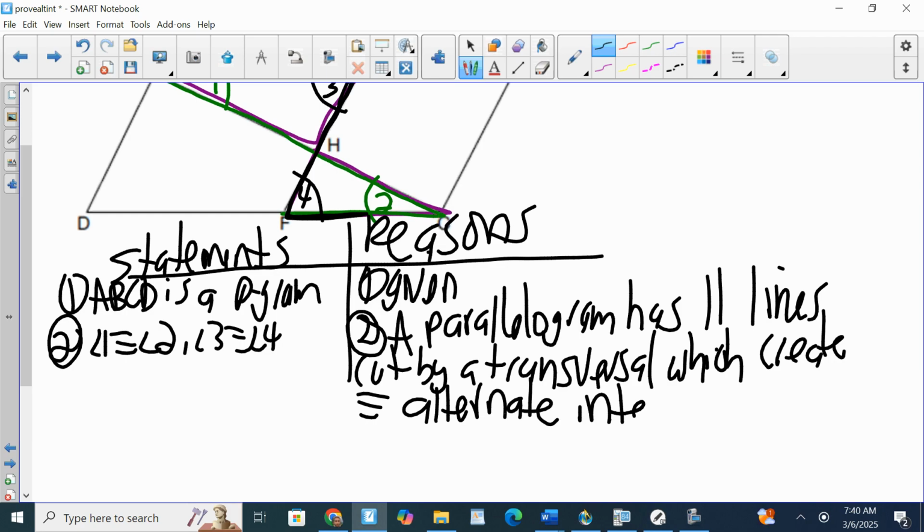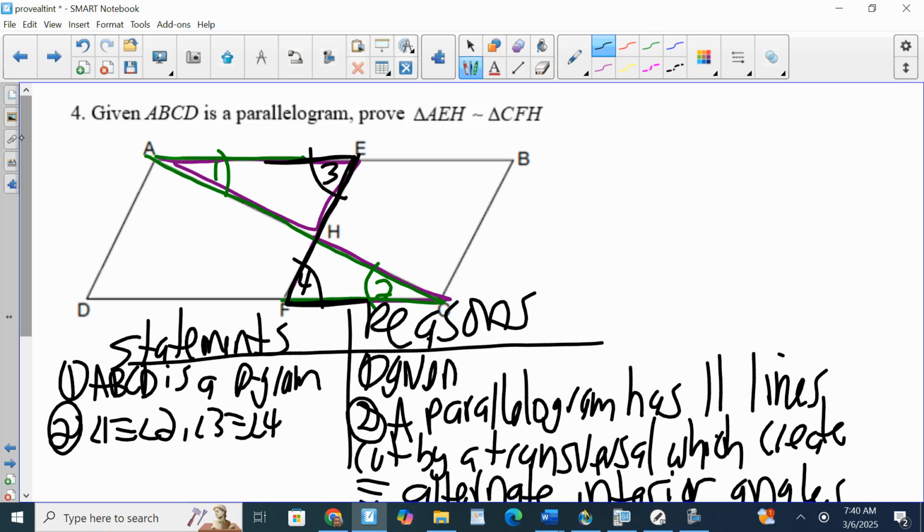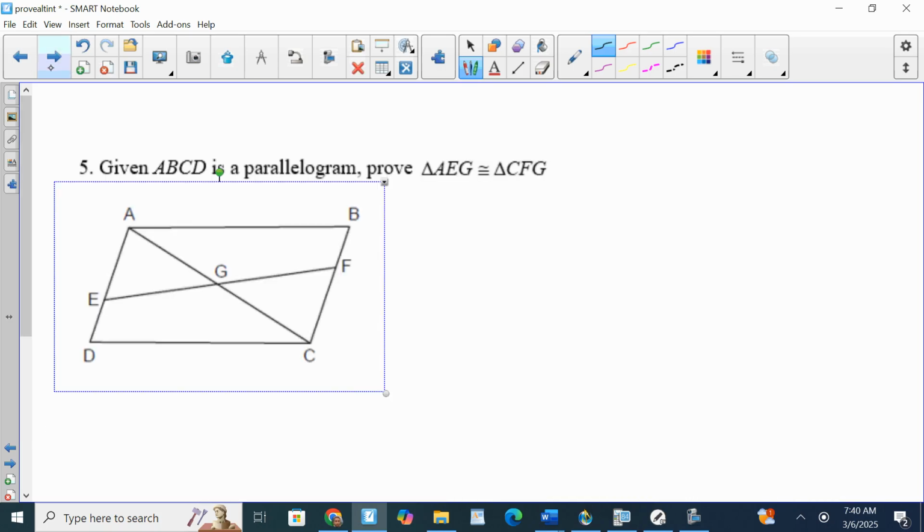I can almost guarantee you that this will be a step in every single problem. So it's very important that you're able to do it. Again, if I give you a parallelogram, you're going to look for these alternate interior angles.